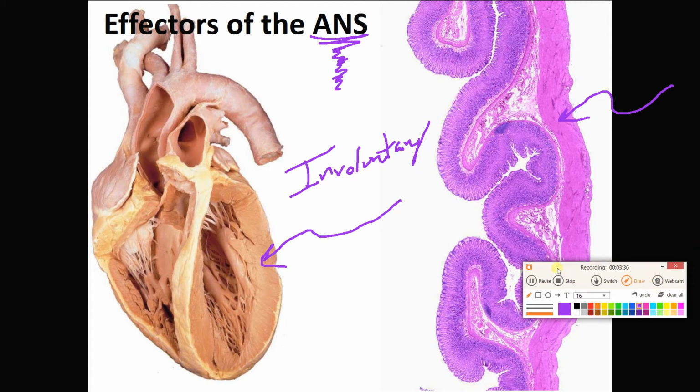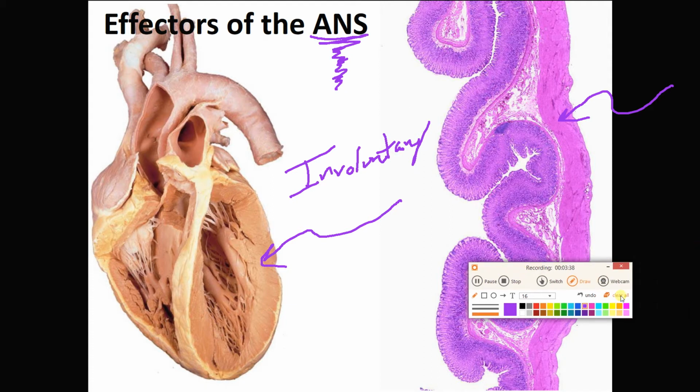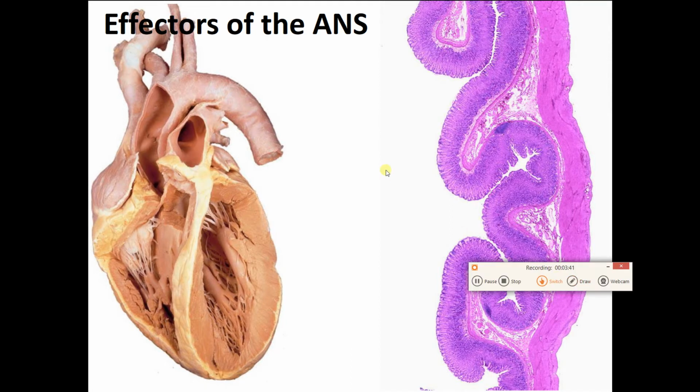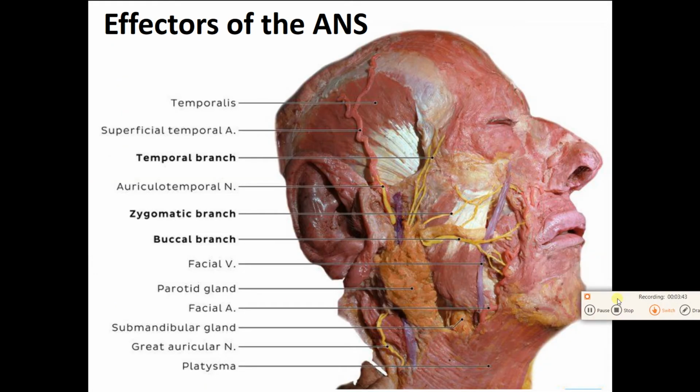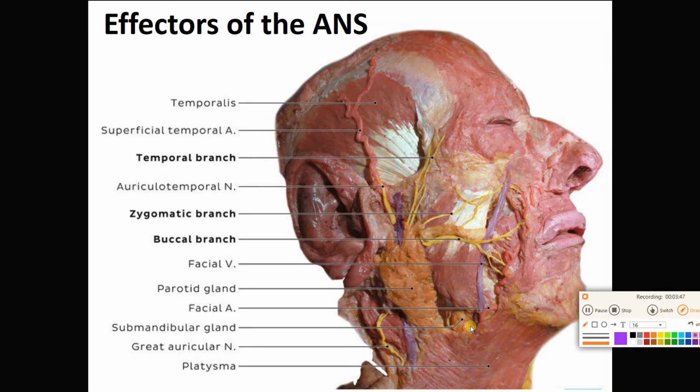All right. What about that third one, though? What was that third effector of the ANS? Well, that's going to be glands. And we actually see a pair of glands that we've met previously right here. This one, with that purple circle around it, that's the submandibular gland. And this big one on the outside of the cheek right there, that is the parotid gland.